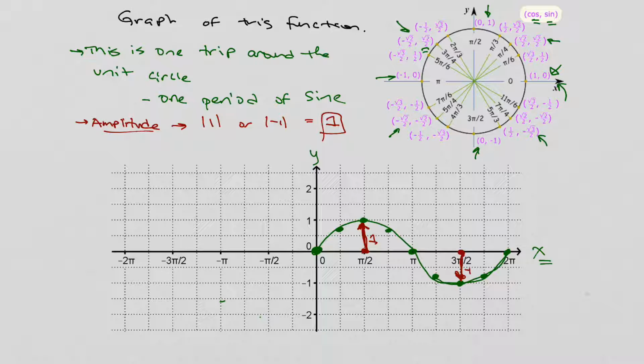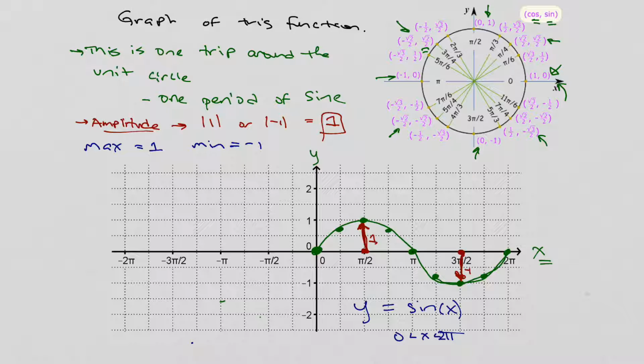Obviously, the maximum value, the highest value we have, is 1. The lowest value, the minimum, is negative 1. So this is what y equals sine of x looks like when x is between 0 and 2 pi.